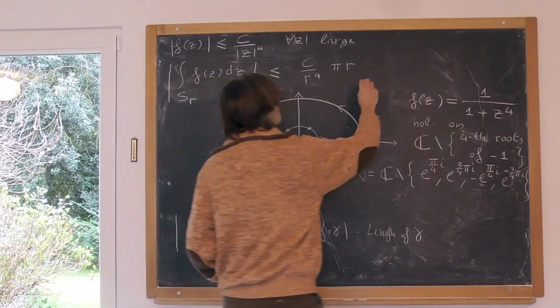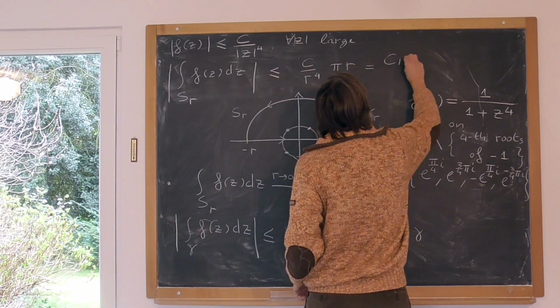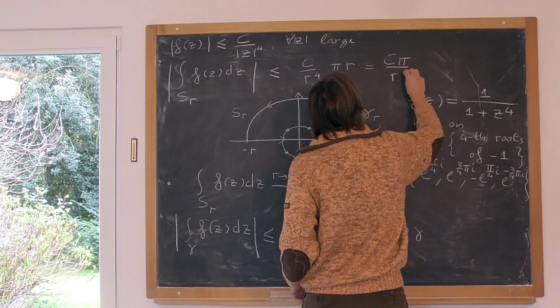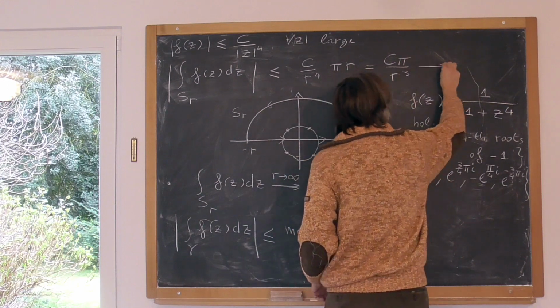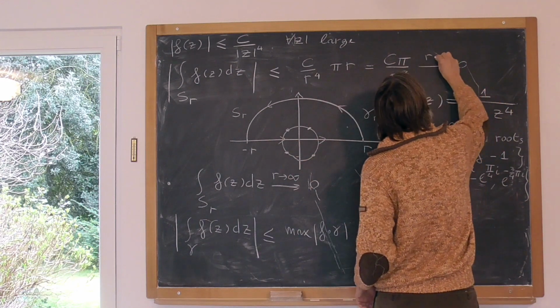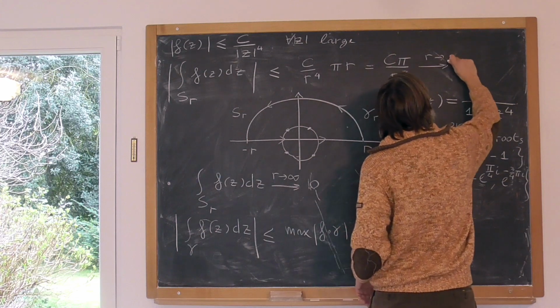So we have the bound C pi divided by R to the power 3. And this goes to 0 when R is going to infinity.